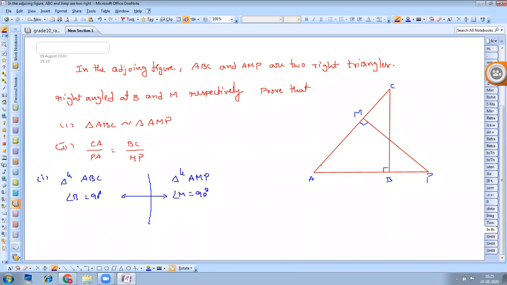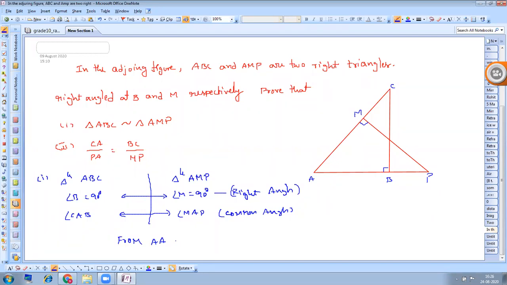And the common angle is A. In both the triangles, A is the common angle. So angle CAB equals angle MAP, so this is the common angle. Both are right angles. So from the AA criteria, angle criteria.